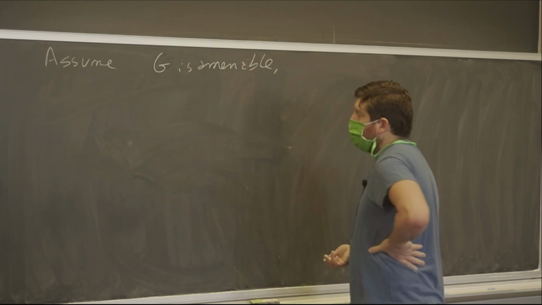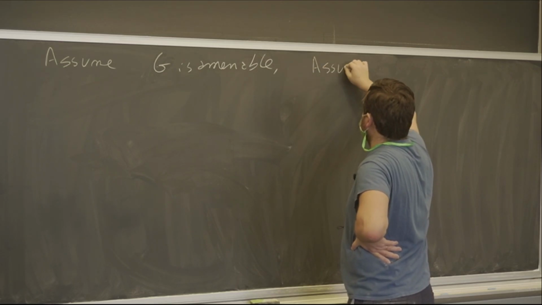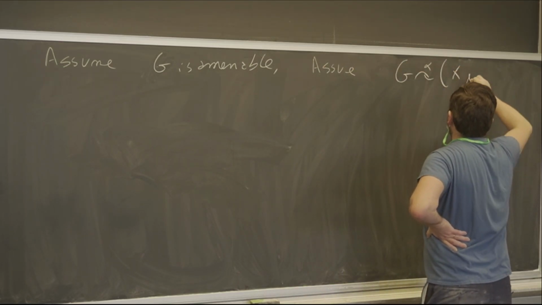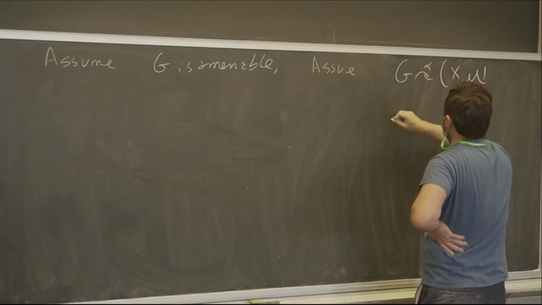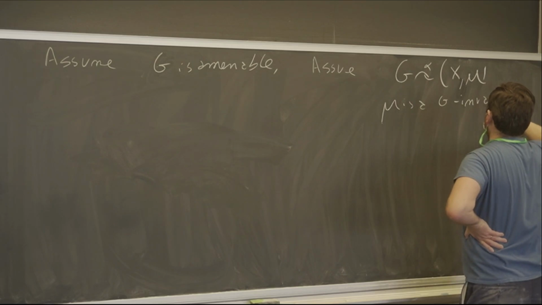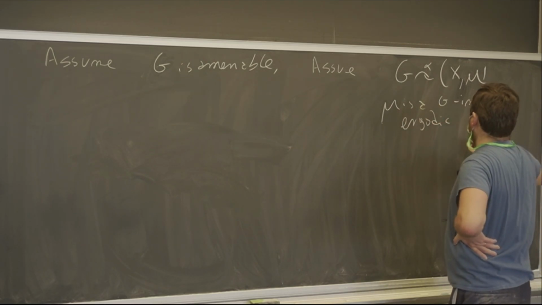So assume G is amenable, and assume also mu is a G-invariant ergodic probability measure.